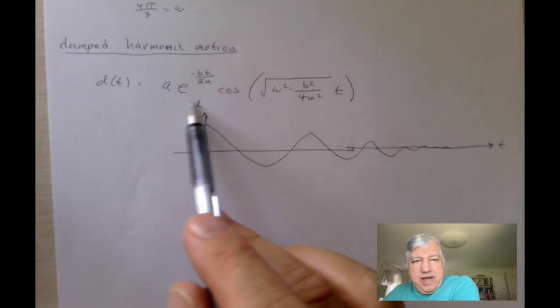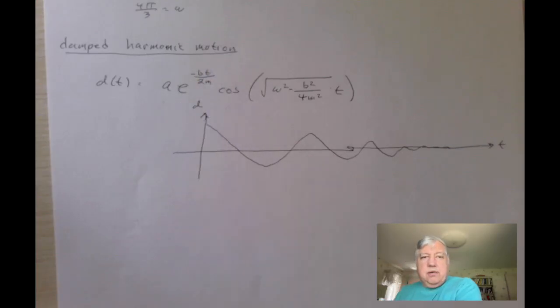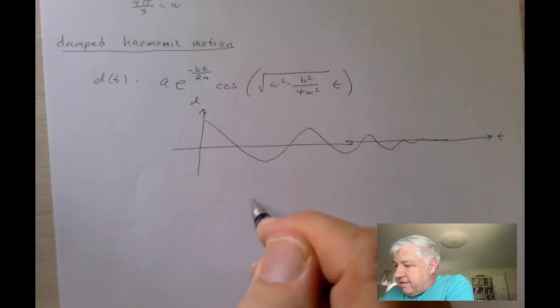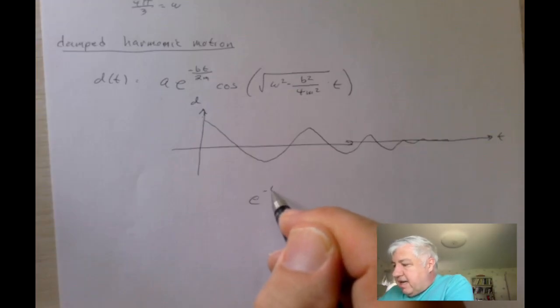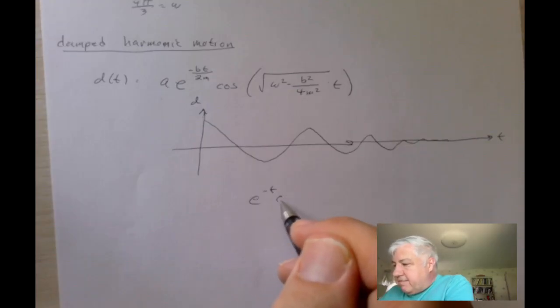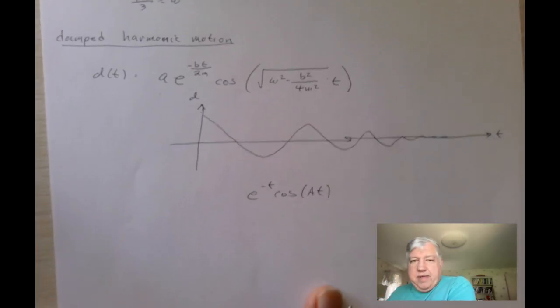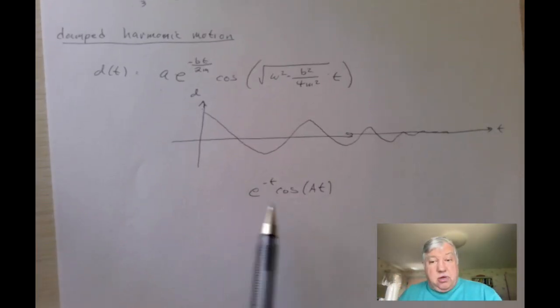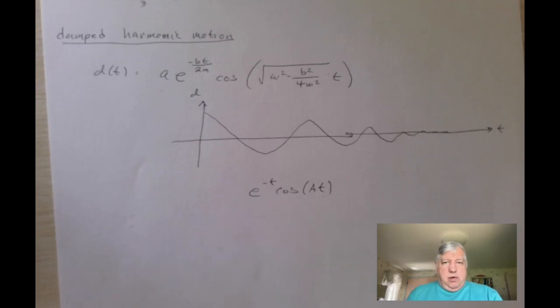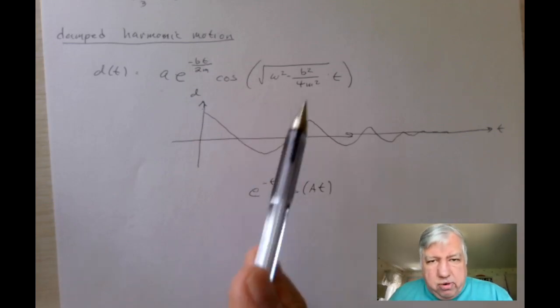So this is the factor that affects everything. You might see something as simple as minus e to the minus t times the cosine of at, or something like that. This is also going to go to 0. But again, don't worry about this.